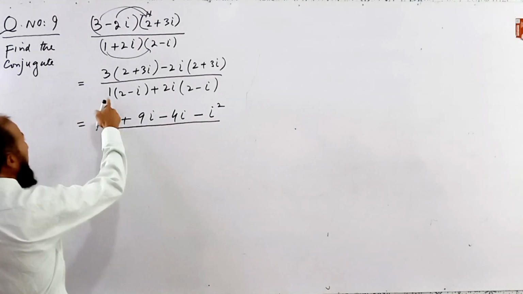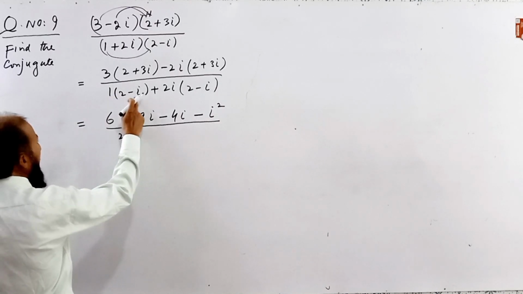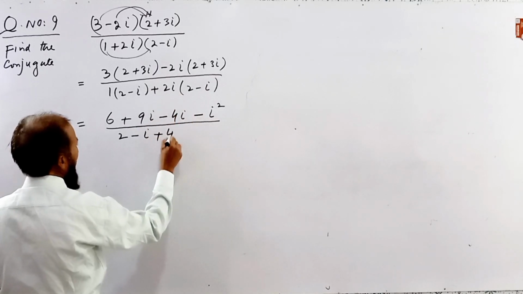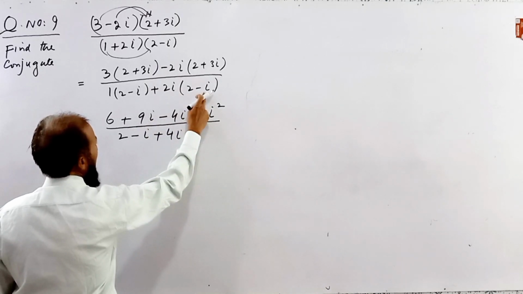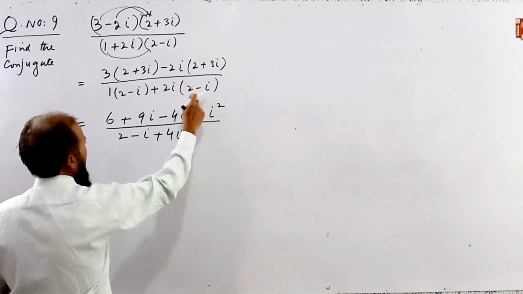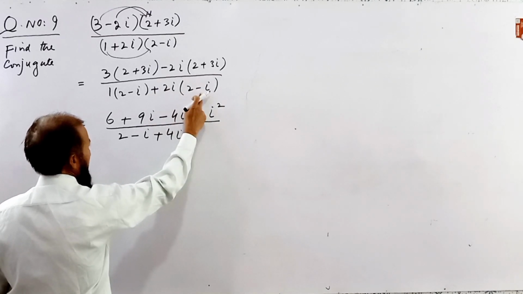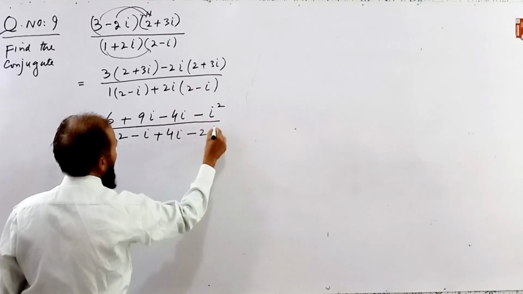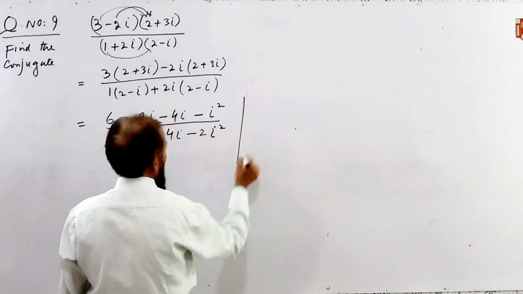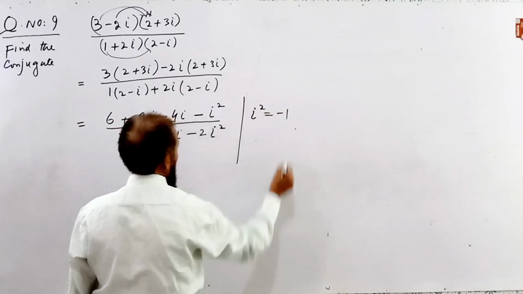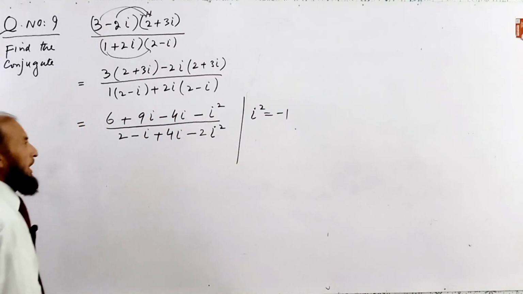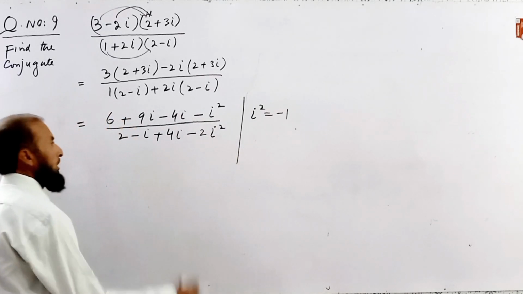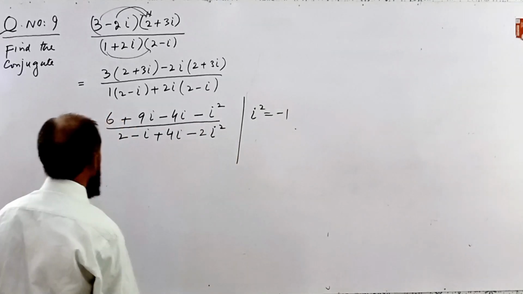Here similarly, 1 multiplied by 2 is 2, 1 multiplied by minus i is minus i, 2i multiplied by 2 is plus 4i, 2i multiplied by minus i is minus 2i square. As we know that i square is equal to minus 1, wherever i square is available, we replace it with minus 1.